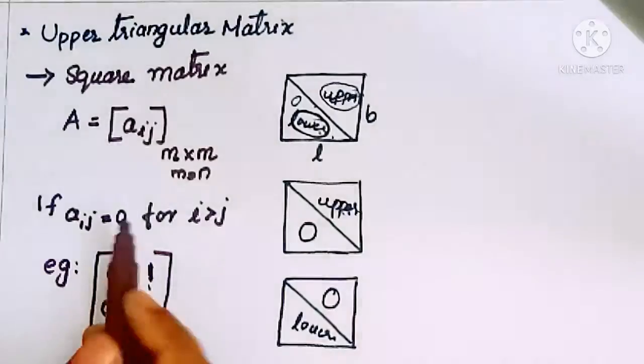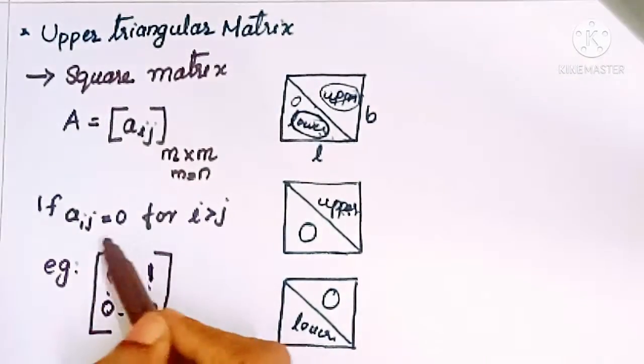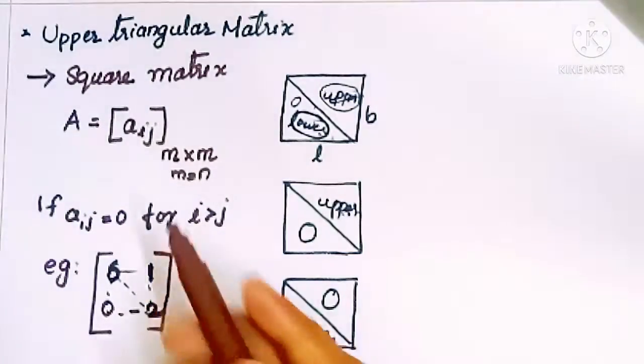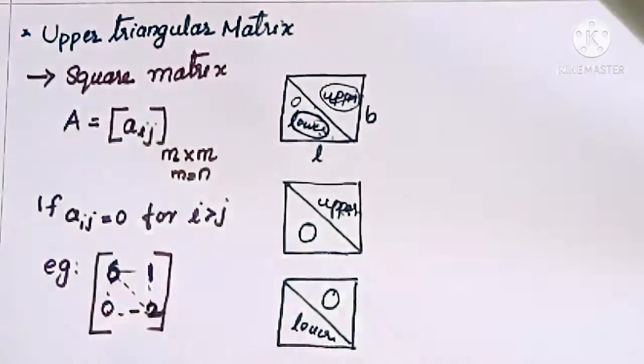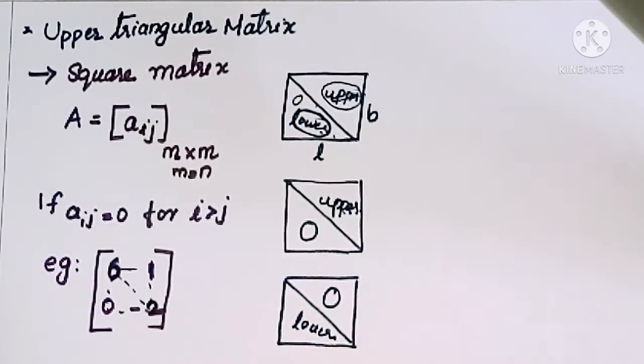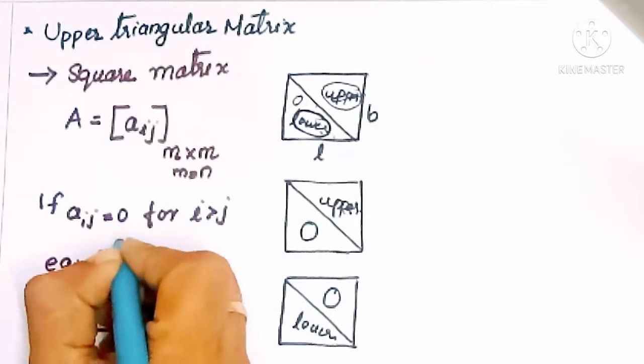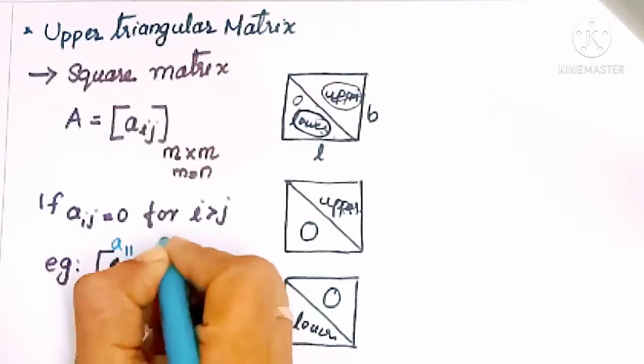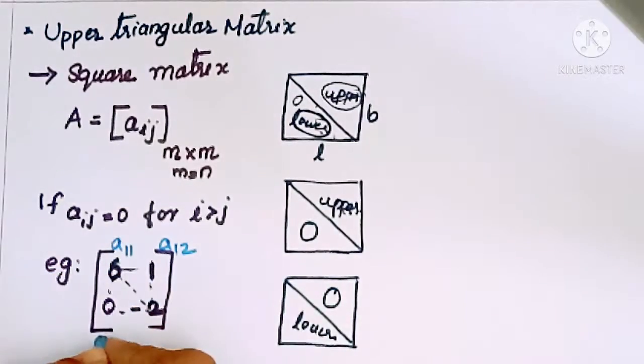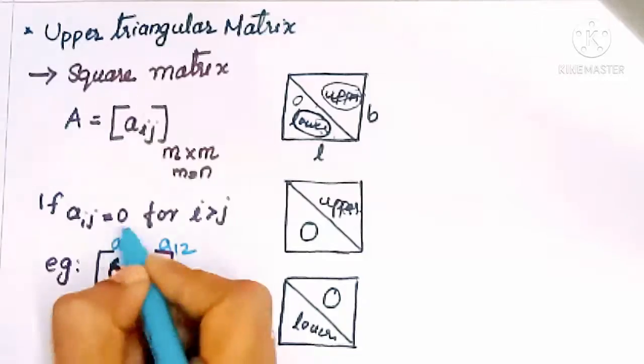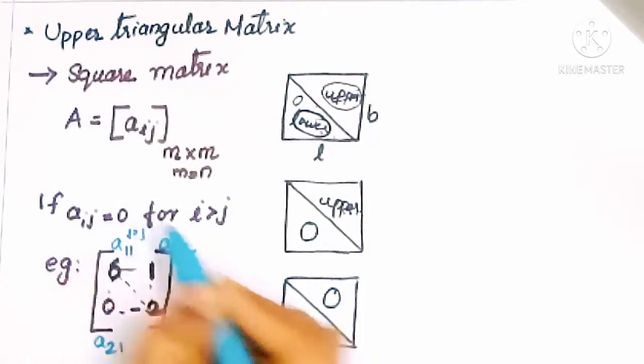Also, here we need to check this condition. For that, we can write the position values of each element. This element can be written as A11. This element A12. This element A21. This element A22. For the element A11, i is equal to j.